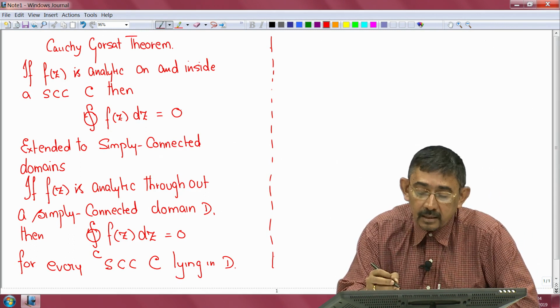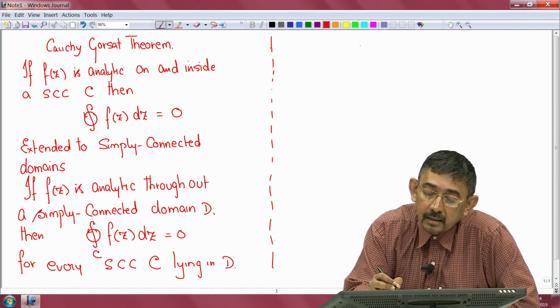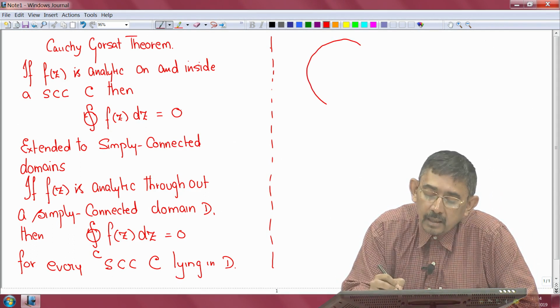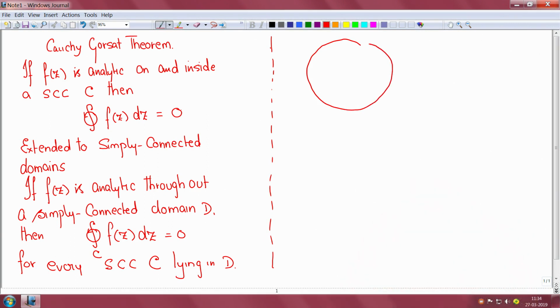Now, consider this situation. We have a closed contour C taken in the positive sense, and suppose I have two more regions.